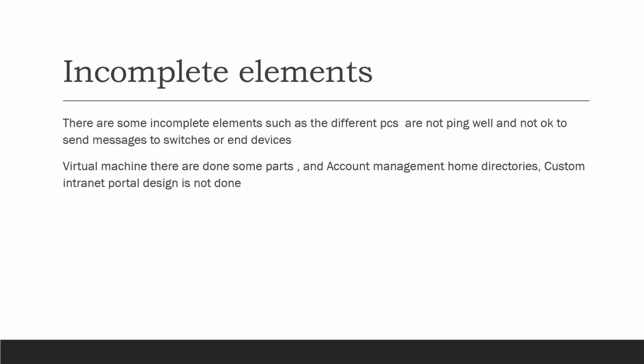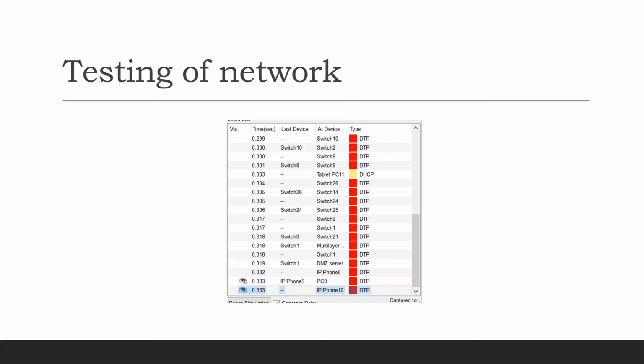And there are some incomplete elements here, and I also want to make it better and make other PCs able to ping well. Other parts like account management and customer interaction are hard to make, and there can be some errors here because there are some switches there.